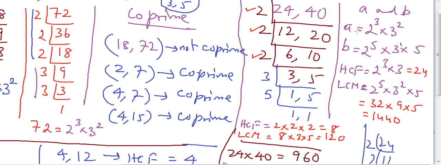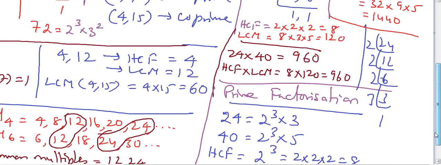So if A is 2 cube into 3 square and B is 2 power 5 into 3 into 5, then the HCF of A and B is 24 and the LCM is 1440. Hope it's clear. Thank you.